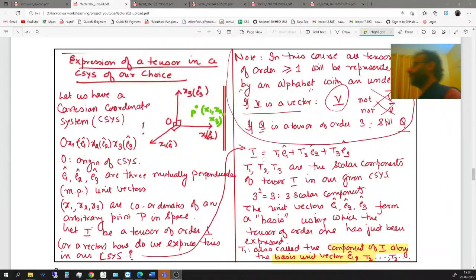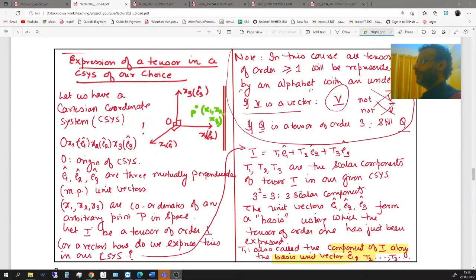So coming back to that tensor T, I want to express that in the Cartesian coordinate system. I would write this as T1E1 plus T2E2 plus T3E3, where T1, T2, T3 are the scalar components of the tensor T in our given coordinate system.